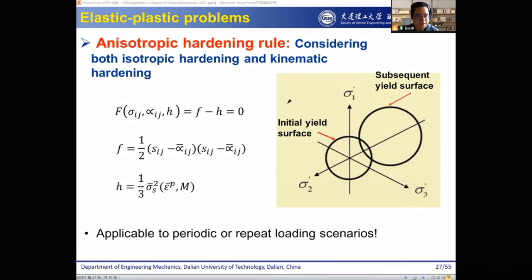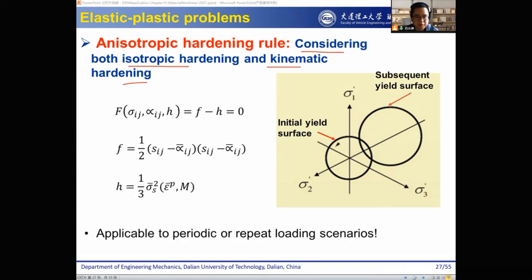The third one is the anisotropic hardening rule. We are considering both isotropic hardening and kinematic hardening, so it's a mixture of the two, and it's called the anisotropic hardening rule.